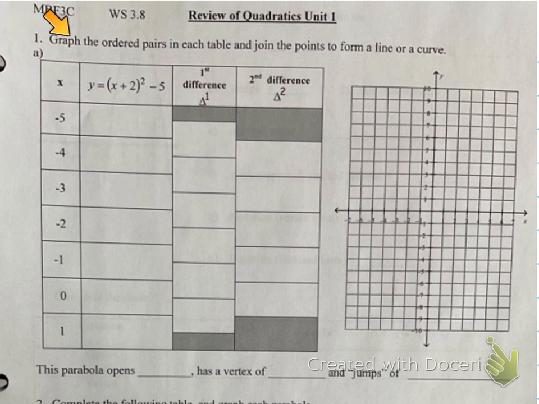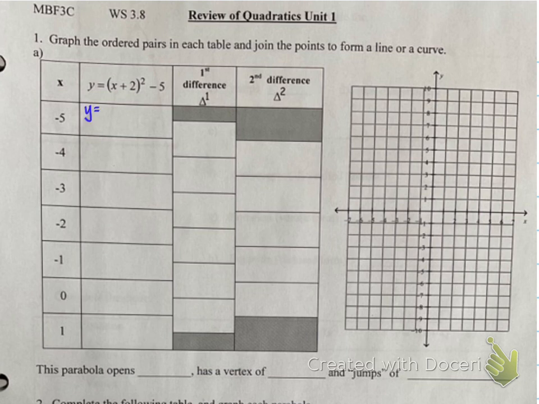Part 1. Graph the ordered pairs in each table and join the points to form a line or a curve. You'll notice that there's an equation and there are x values which you will plug in to find the y value. How do you do that? Well, we take -5 and plug it in for x for the first line.